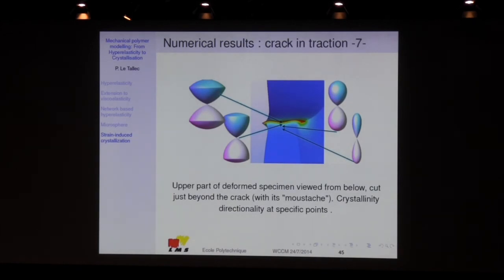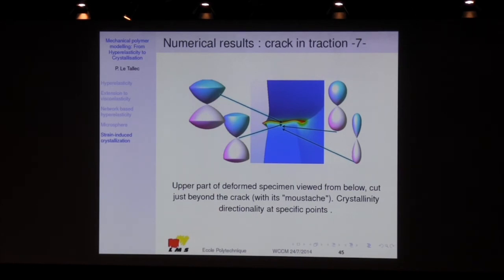And you can also get information on the direction of the crystallite, at least of your image of the crystallite locally at the crack tip. So this is a view from the bottom. On the top half of the crack tip, the intensity is the amount of crystallization, and this shows in which direction the crystallization is maximum.